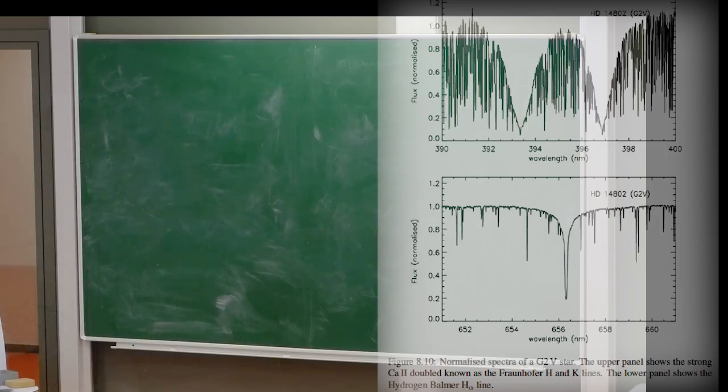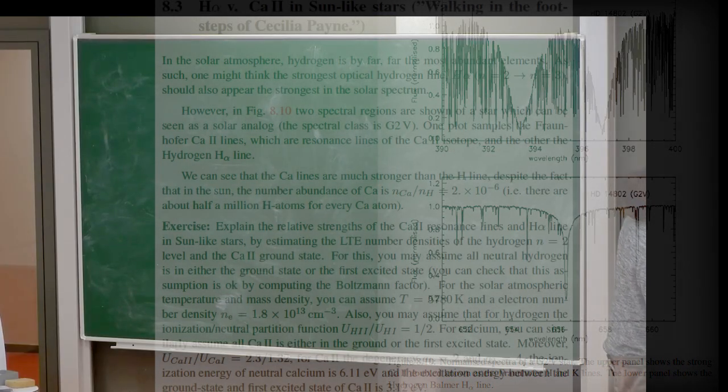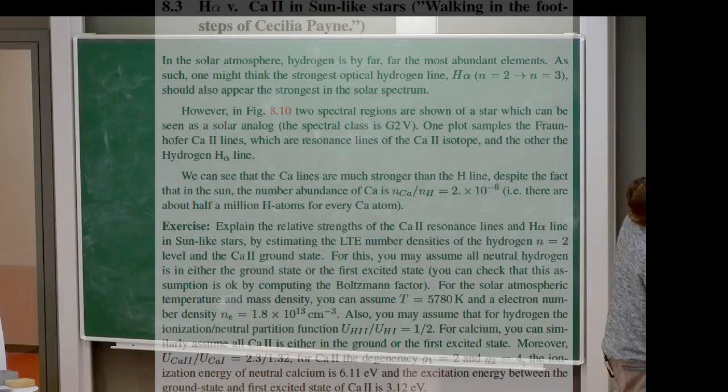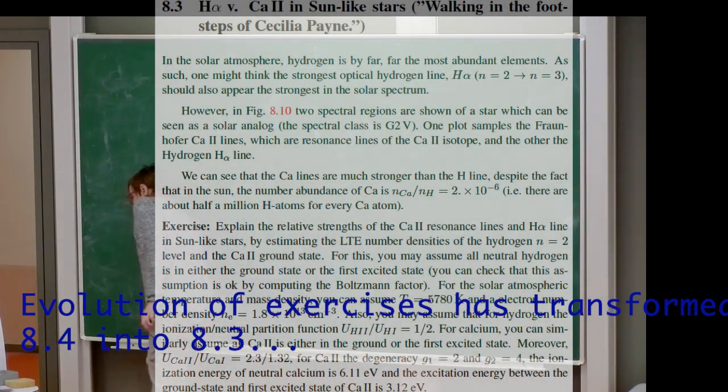We will take the opposite approach and show that indeed it makes sense, despite the fact that hydrogen is much, much more abundant, which we know nowadays, than calcium, that in the solar atmosphere the H-alpha line, which we all know now, because we have calculated its rest wavelength. This is a nanometer, so it's 560 angstroms, is weaker.